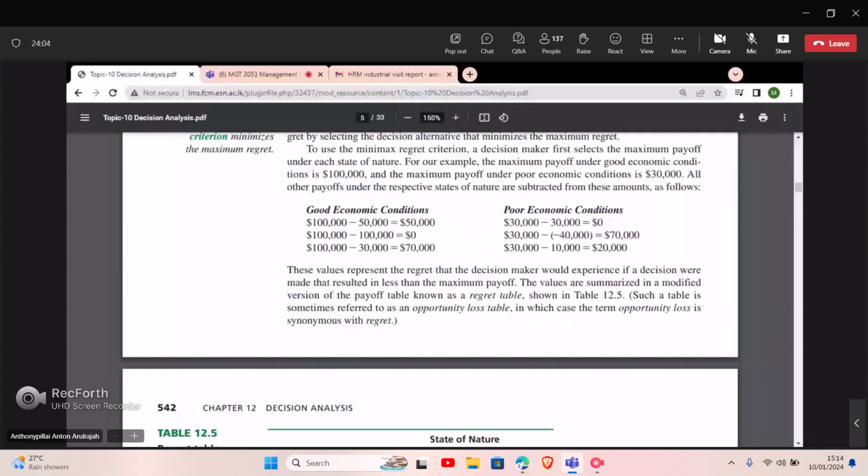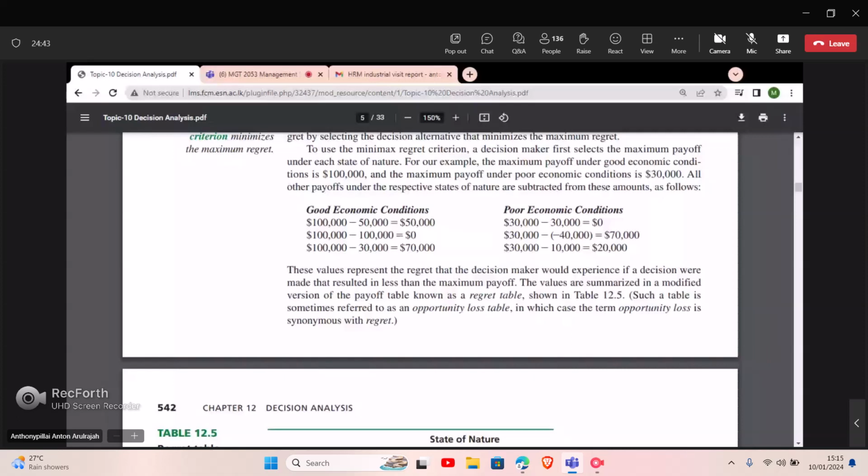Now you see, regret is the difference between the payoff from the best decision and all other decisions. We have this for good economic conditions, and for poor economic conditions it is vice versa.